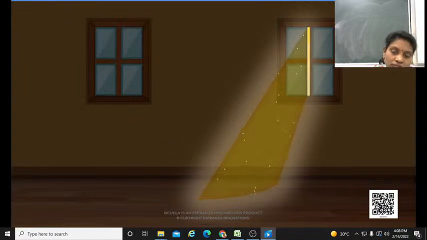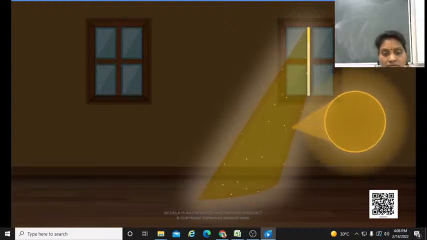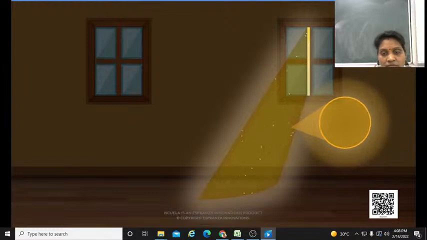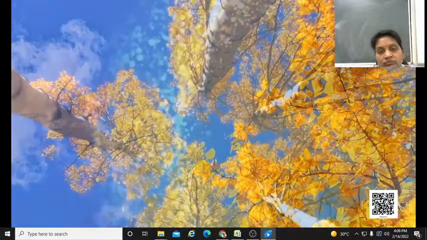Look carefully at the incoming beam of sunlight. You will see that some tiny shiny particles are moving very fast in the beam of light. What are these particles? These particles are nothing but dust particles present in air.